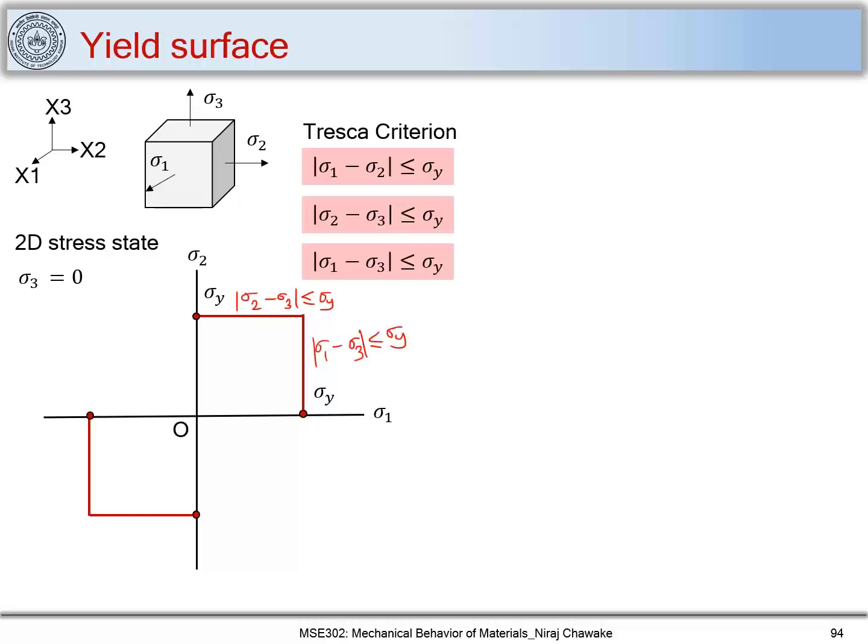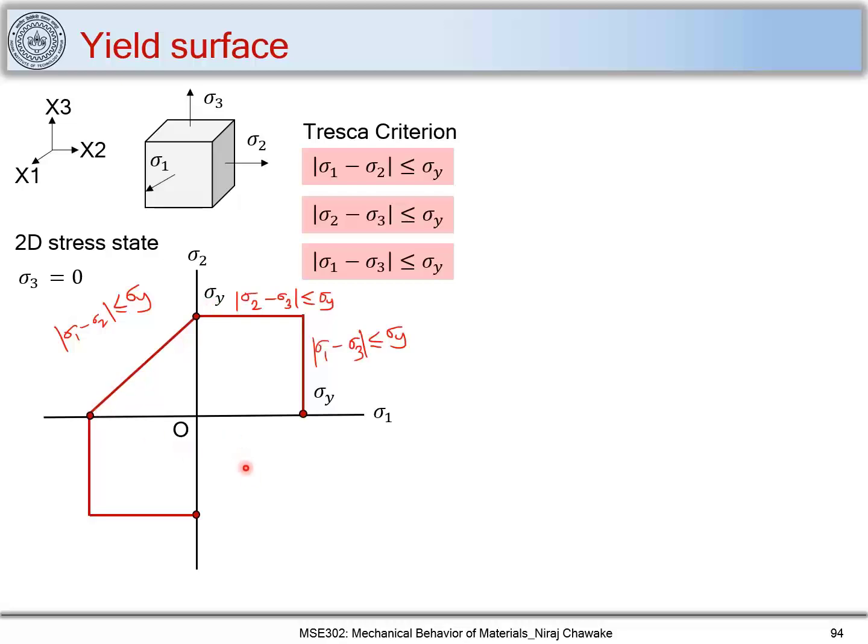We will get the maximum shear here to be sigma 1 minus sigma 2 less than or equal to sigma y. Basically sigma 1 is negative and it adds up with sigma 2 and the total value will be more than either of these two equations. So you get this relation, which is nothing but a straight line joining these two points.